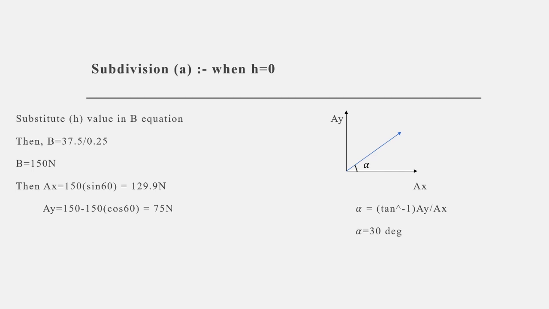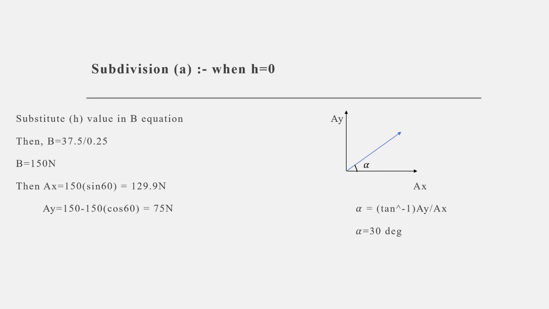When we solve part A, where h is equal to 0, we substitute this in the B equation. Then we get B as 150 newtons. We take this B and put it in the summation of Fx and Fy, where we get Ax and Ay for h equal to 0.